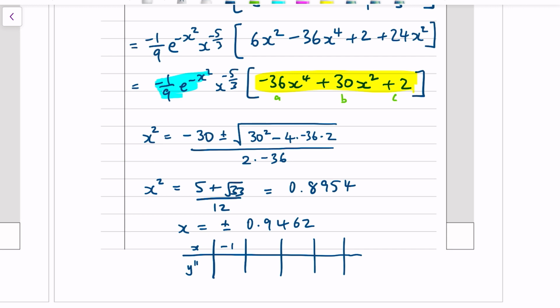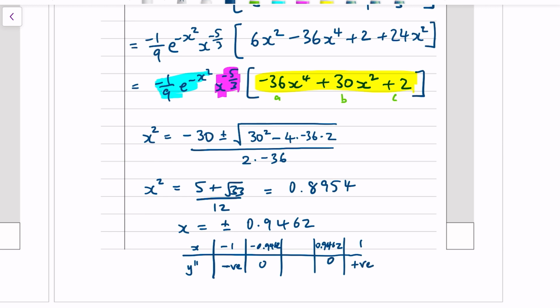That second term is -1, but the first term in it is negative, and I've also got to test the quadratic. I'll leave you to do all the substitution, but it turns out that if I sub in -1, I get a negative into the second derivative there, and if I sub in negative 0.9462, I get 0, and 0.9462, I get 0, and subbing in 1, I get a positive number.